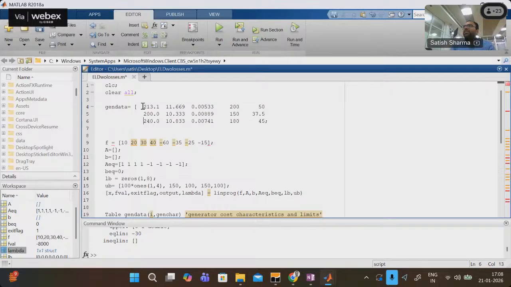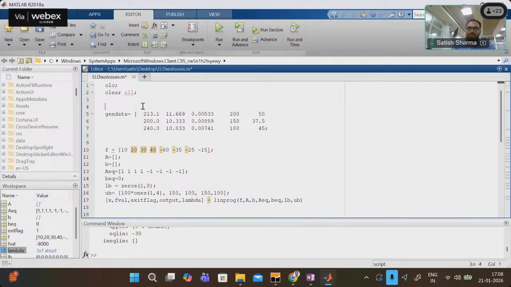So this is the gen data. You can comment and explain what the gen data is here. So I can say this is generator data, and columns are basically A, then we have B, then we have C, and then we have P max, and then we have P min.